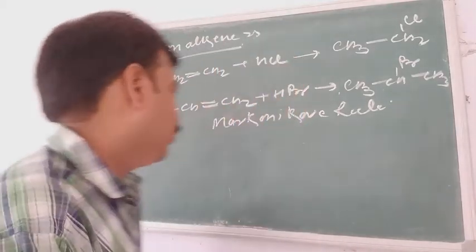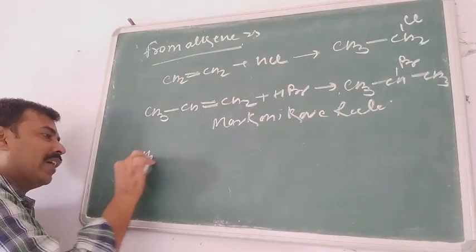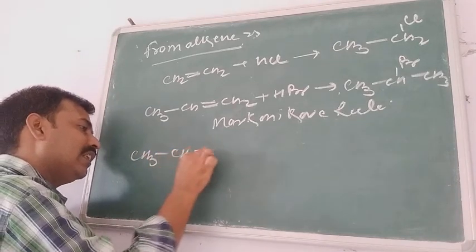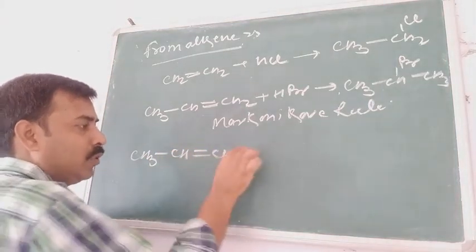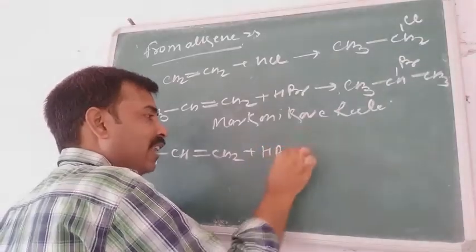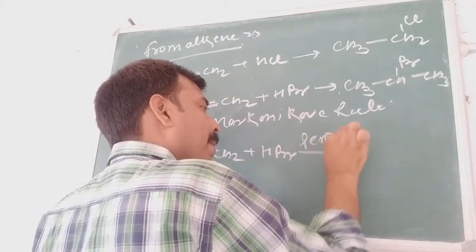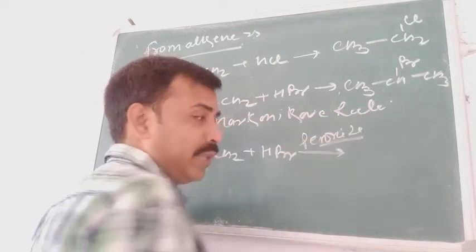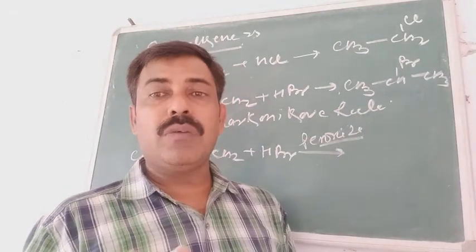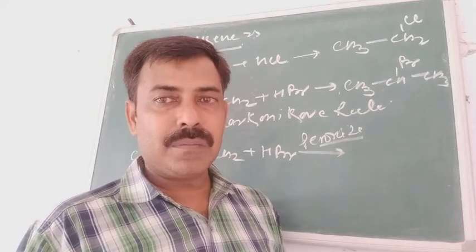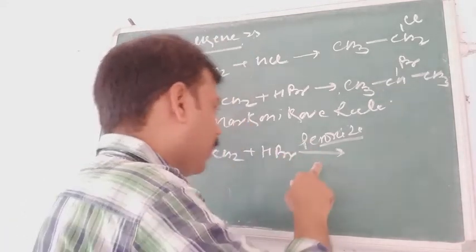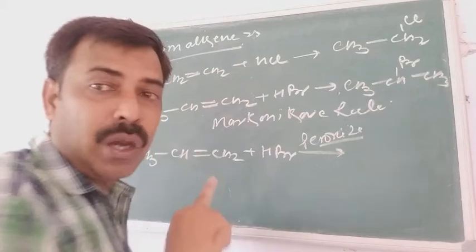So here we take the same reactant, CH3CH=CH2 plus HBr in the presence of peroxide. Generally we take a bulkier peroxide, benzoyl peroxide. So in the presence of peroxide, the Anti-Markovnikov Rule will be followed.